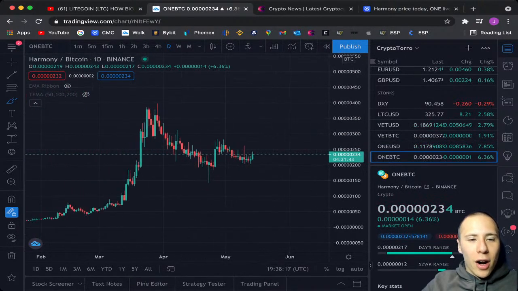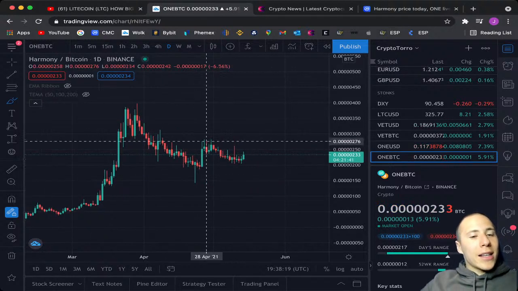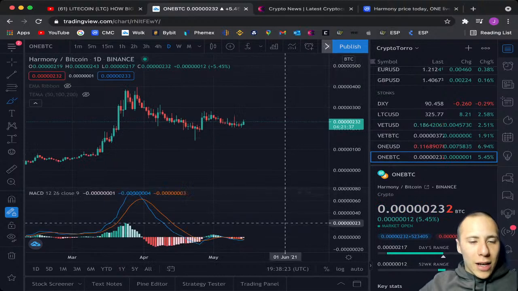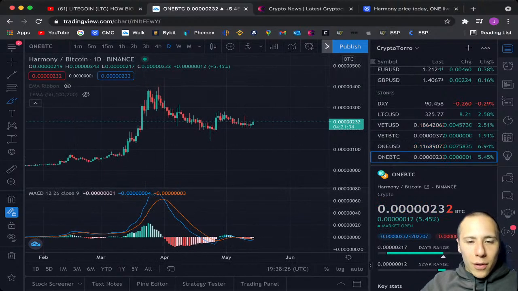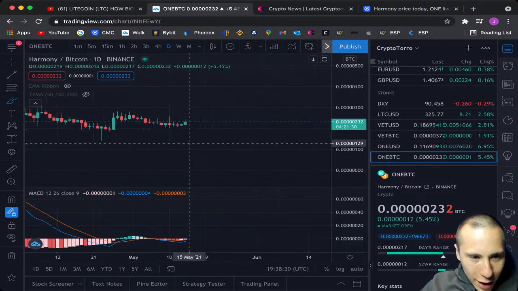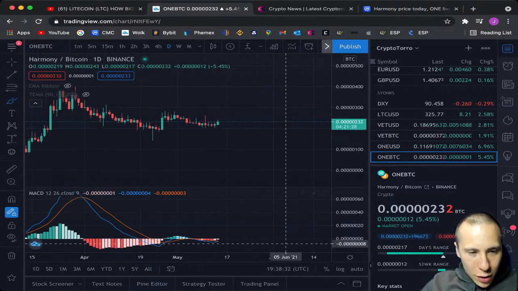And right over there, Harmony is looking actually exactly the same, and I will be activating just the MACD to take a look at what the momentum is saying to us, and if we are getting more knowledge over here.